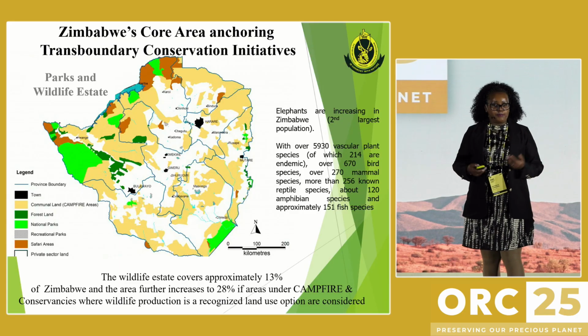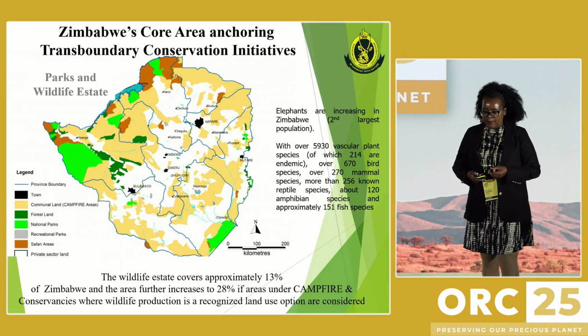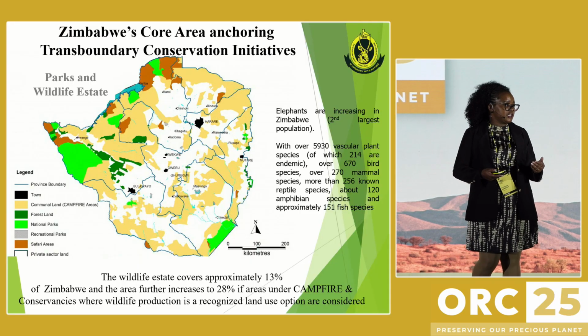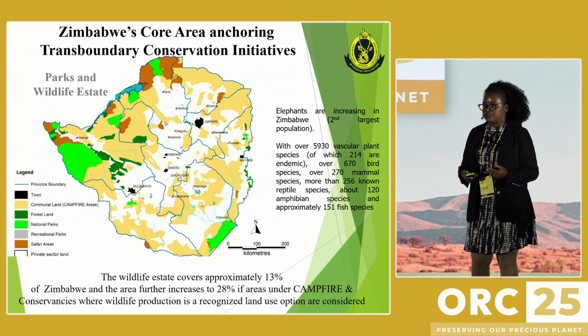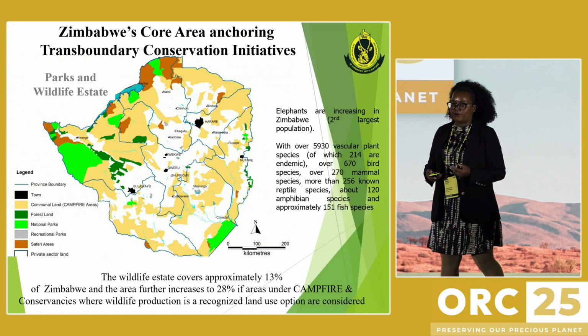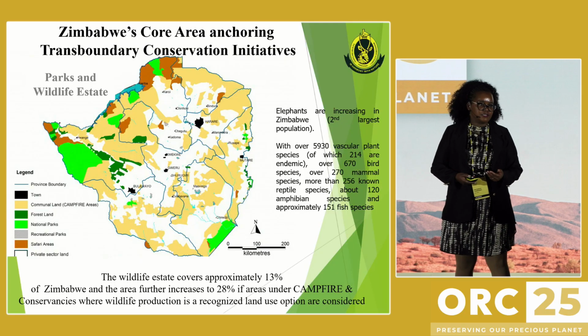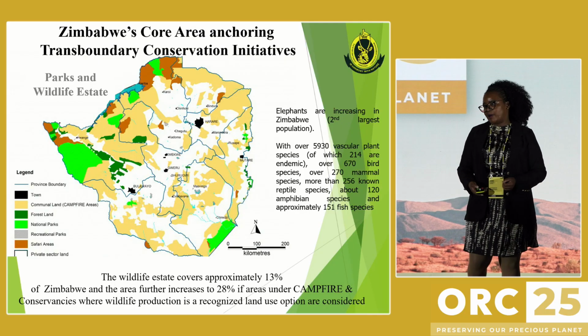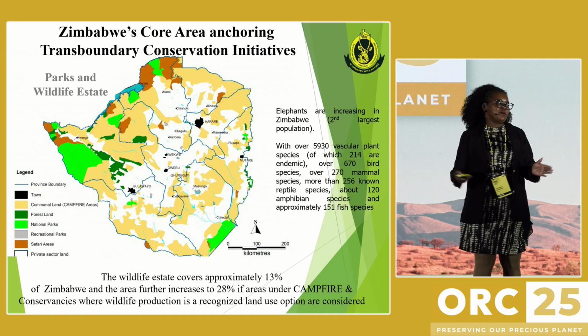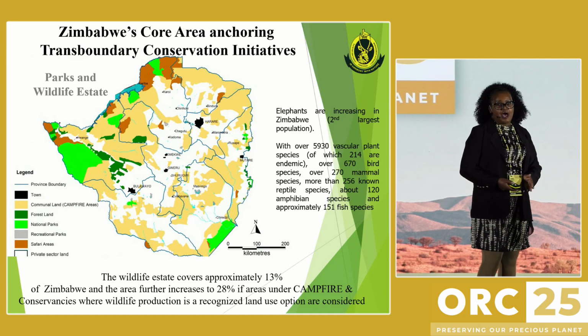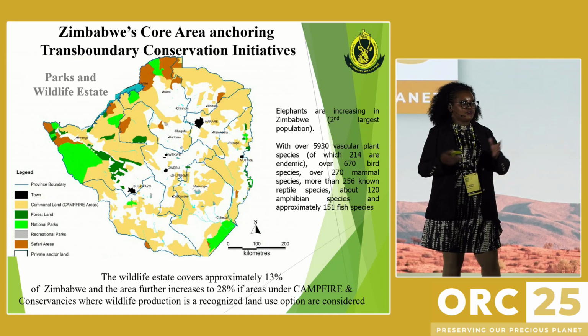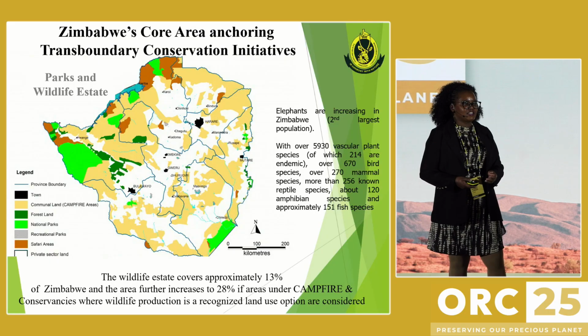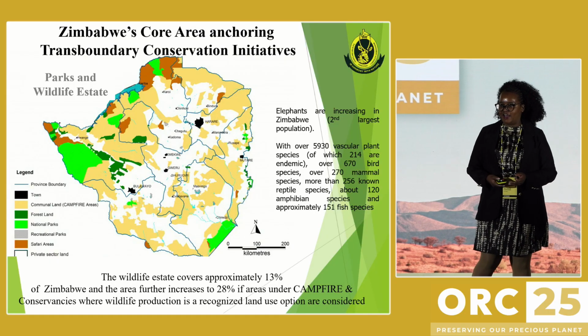So with this backdrop, for Zimbabwe, pursuing the transboundary conservation agenda beyond the protected area estate is not just a nice thing for us to do, it's actually a necessity. There's no way that Zimbabwe can support the second largest population of elephants in the world looking at just over 5 million hectares of gazetted protected areas.